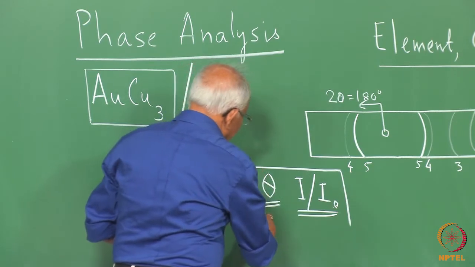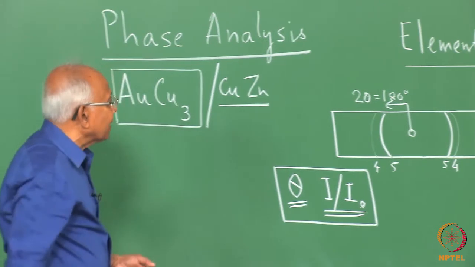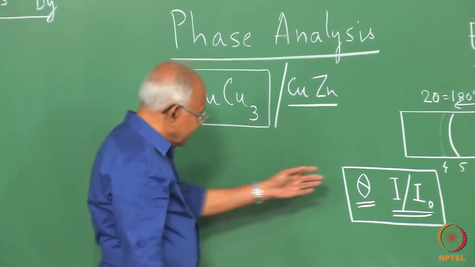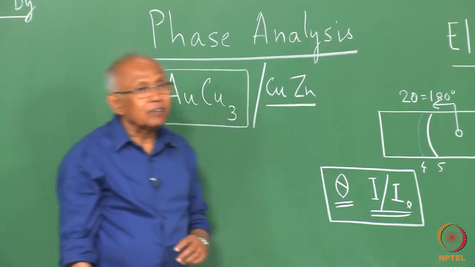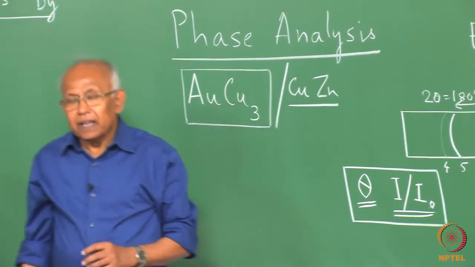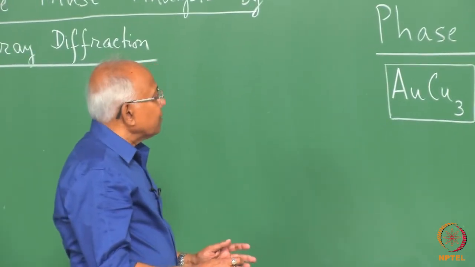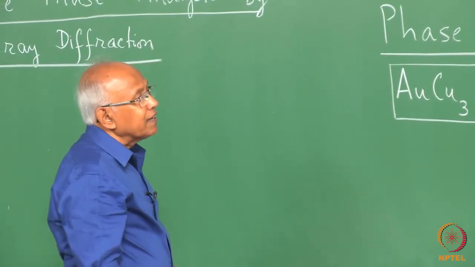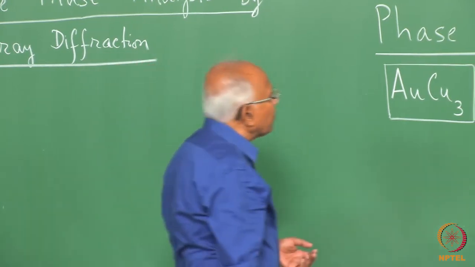So, we must find out where the diffraction lines form at what theta values and what are the relative intensities of the lines. Now, this diffraction pattern is very unique for a particular phase, whether an element or a compound.